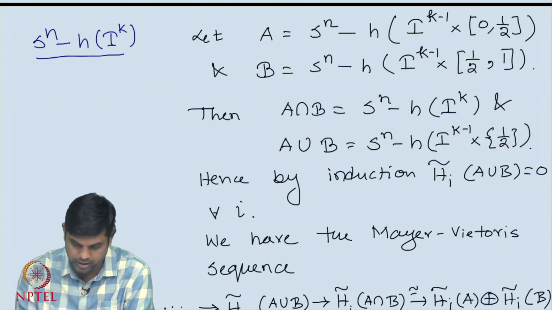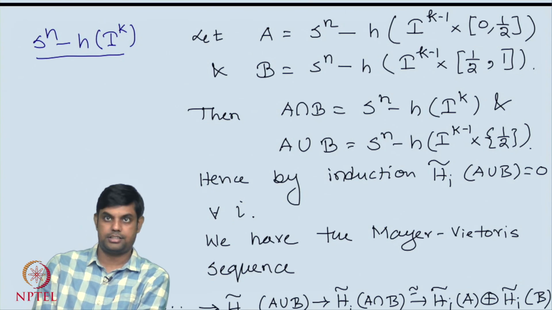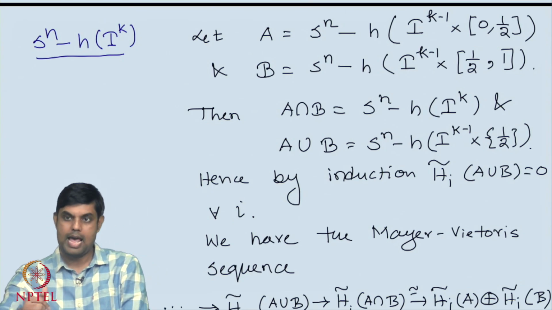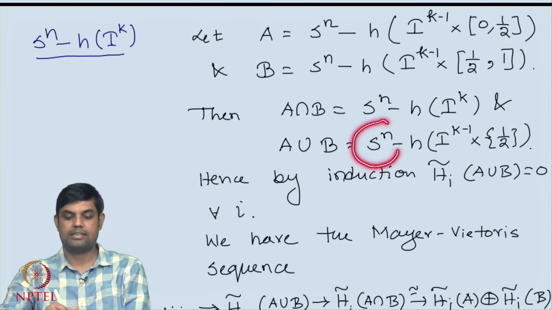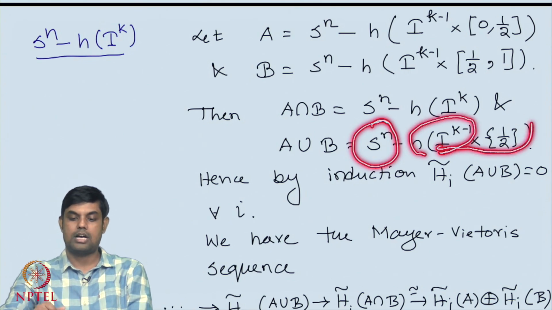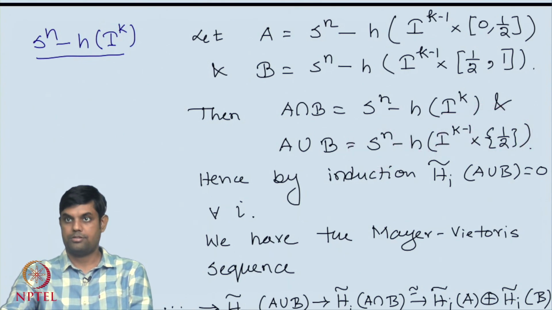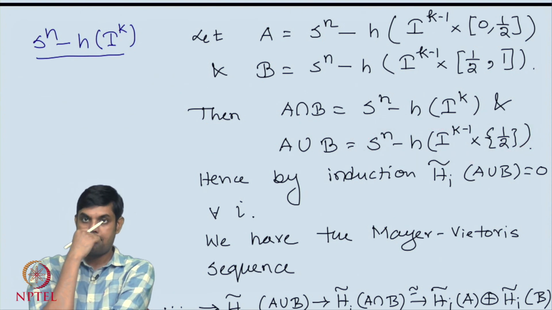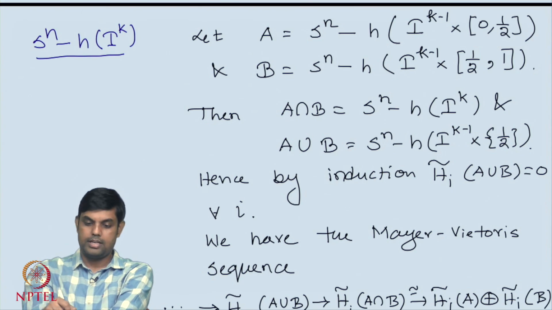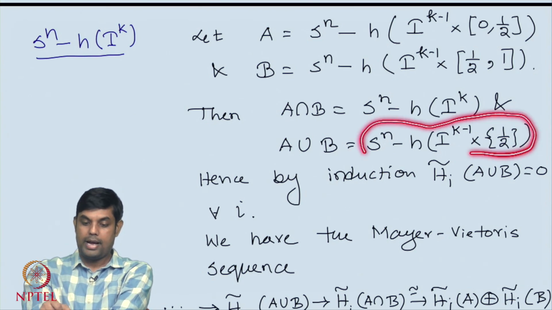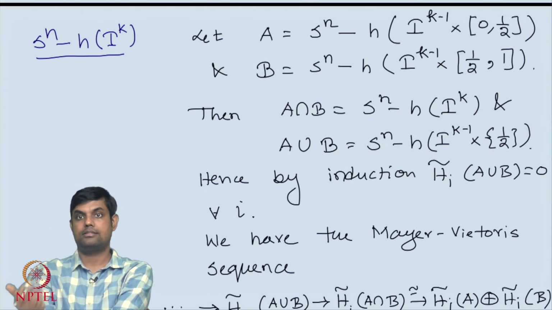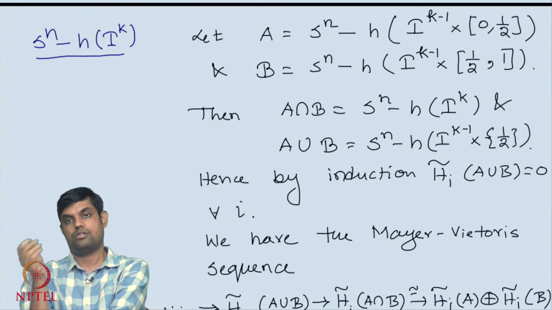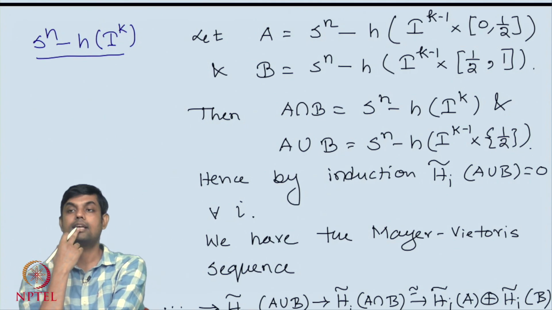Now I can use induction. I know that if I remove from S^n an embedding of a (k-1)-dimensional cube, I^(k-1) cross half is homeomorphic to I^(k-1). So by induction we know that it has trivial reduced homology on all levels, in particular it is acyclic.